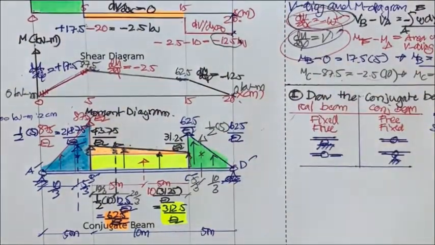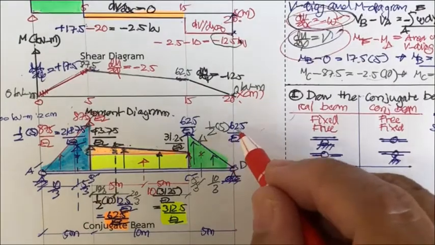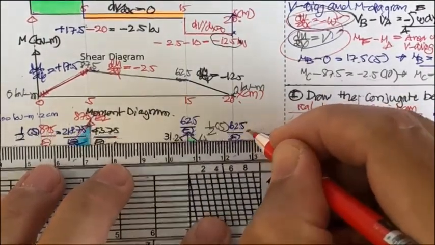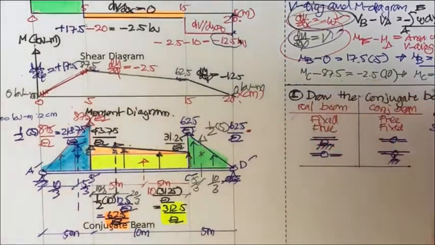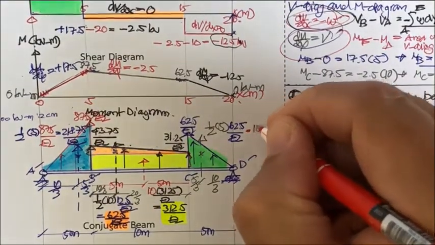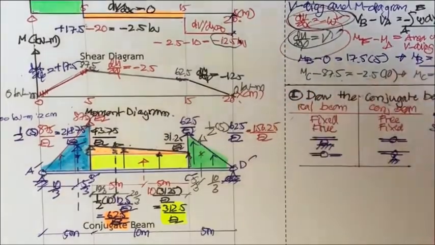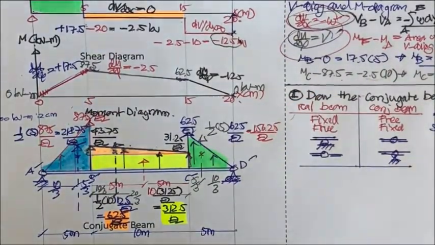In your calculator, that is 2.5 times 62.5, which is 156.25 divided by EI. And if you like, you may push this one in green.